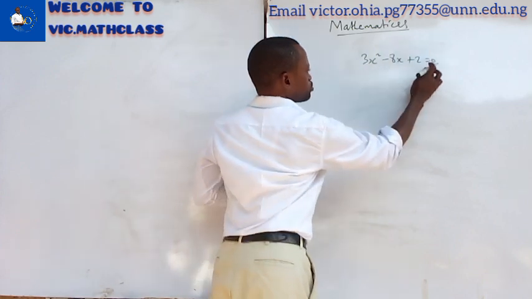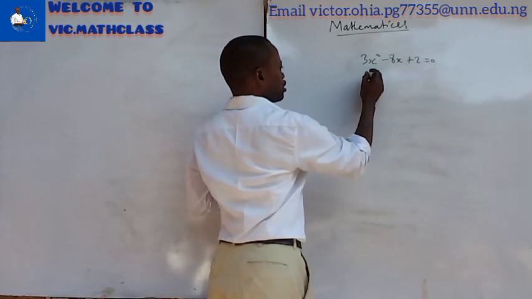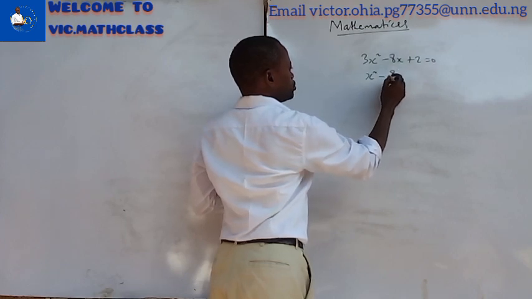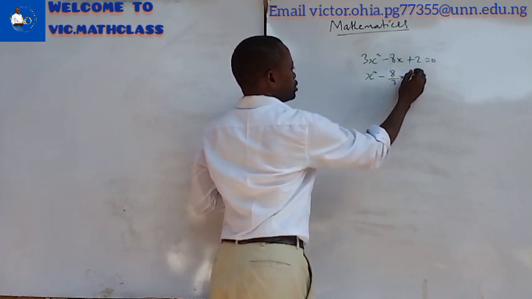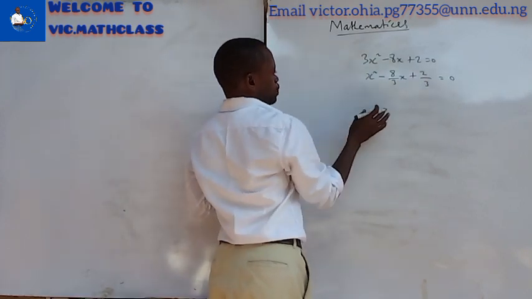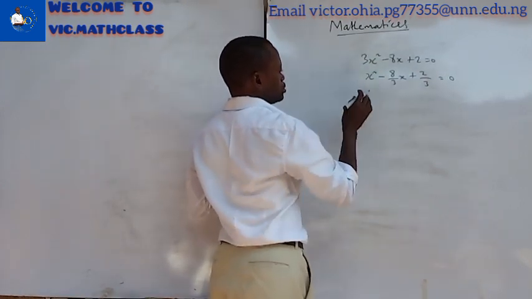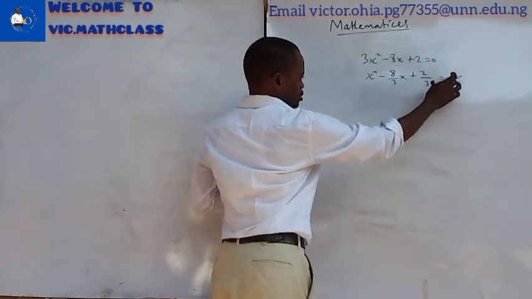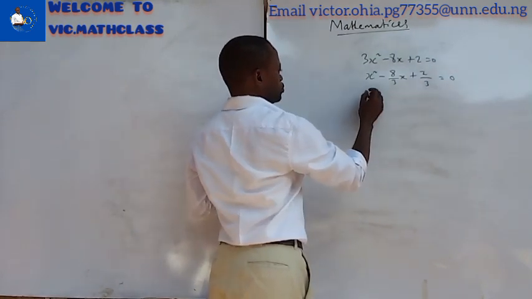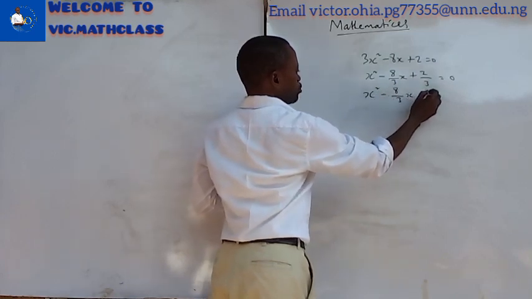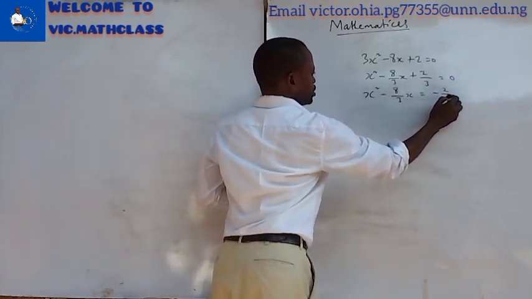So if I divide this expression by 3, I'm going to have x squared minus 8 over 3x plus 2 over 3 equals 0. Then the next thing one is going to do here is to transfer this constant to the right hand side. And then we have x squared minus 8 over 3x equals minus 2 over 3.